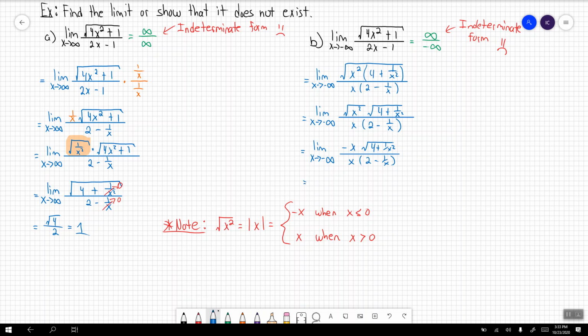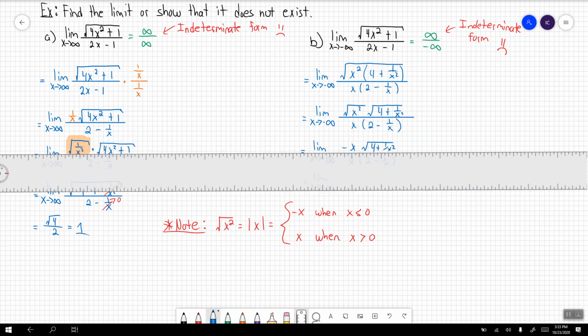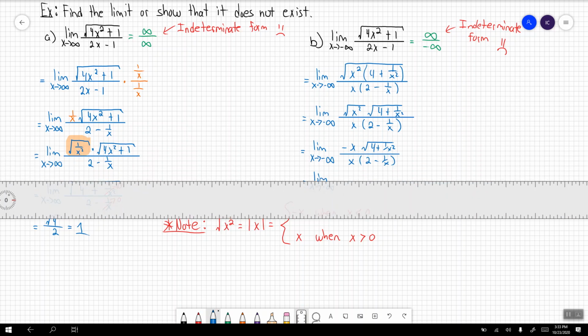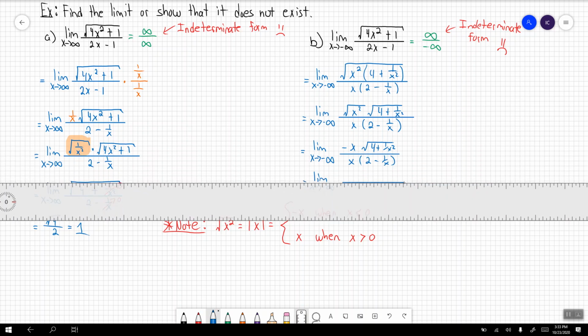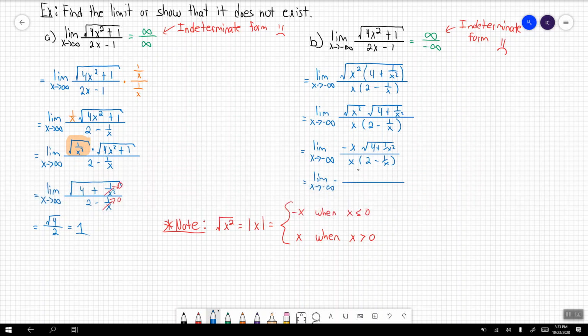And then once we evaluate this, so the limit as x is approaching negative infinity, we get negative of the square root of 4 plus 1 over x squared minus 1 over x, and then again, as we take the limit, that 1 over x squared goes to 0, and that 1 over x goes to 0, and we're then left with negative 1.